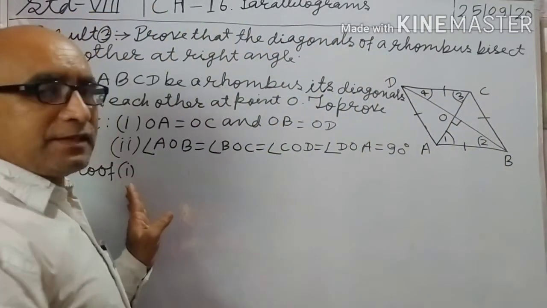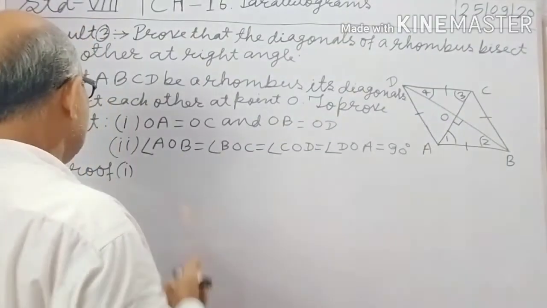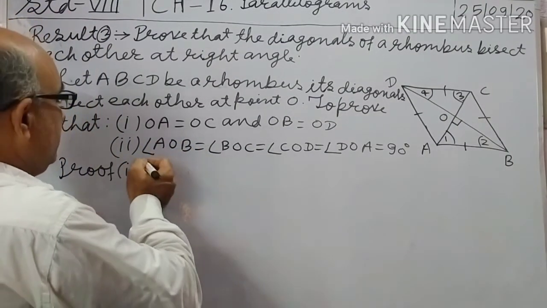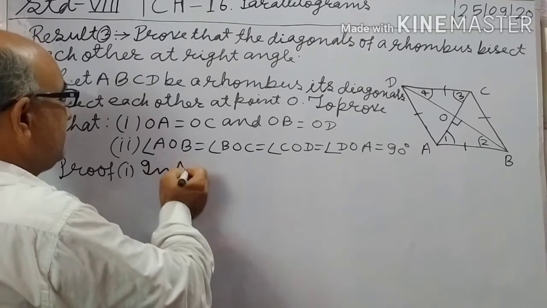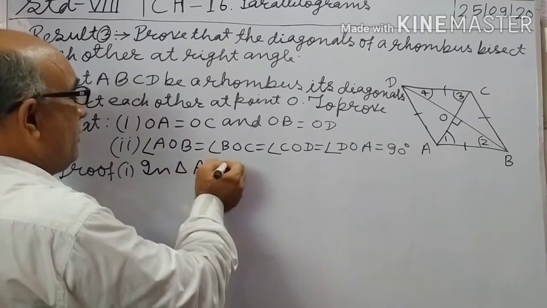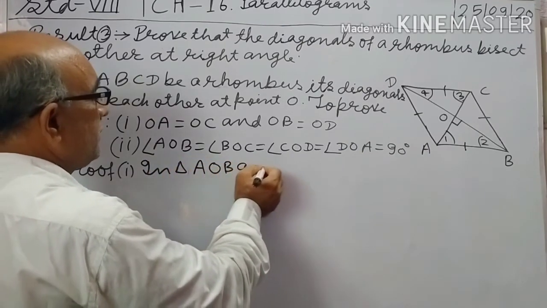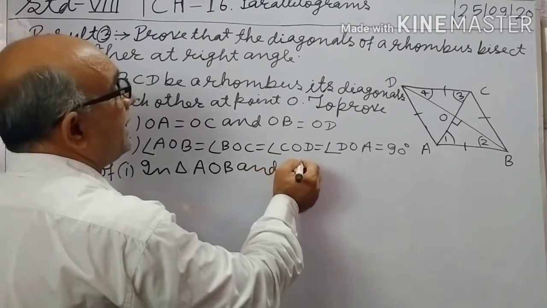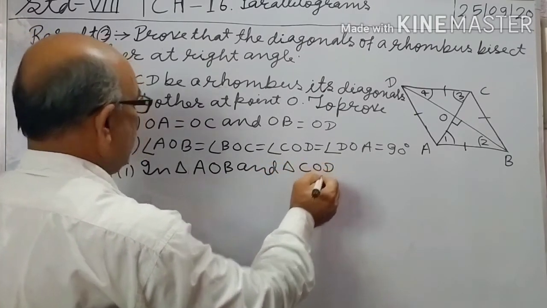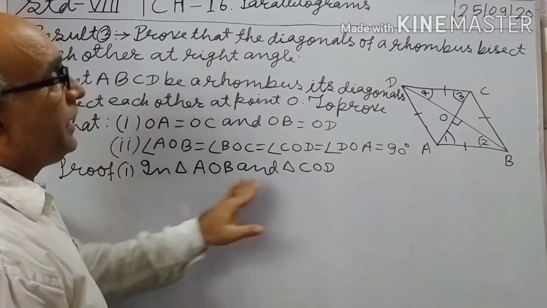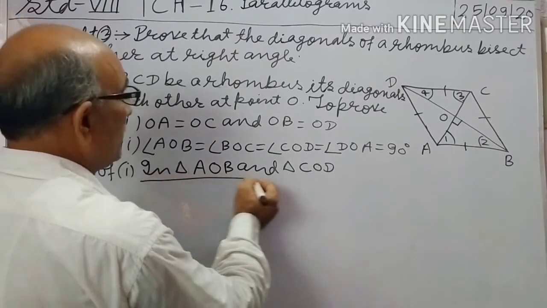We know that the sides of a rhombus are equal. So proof 1. In triangle AOB and triangle COD.